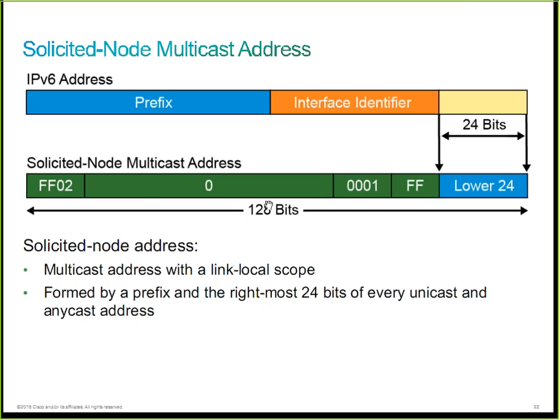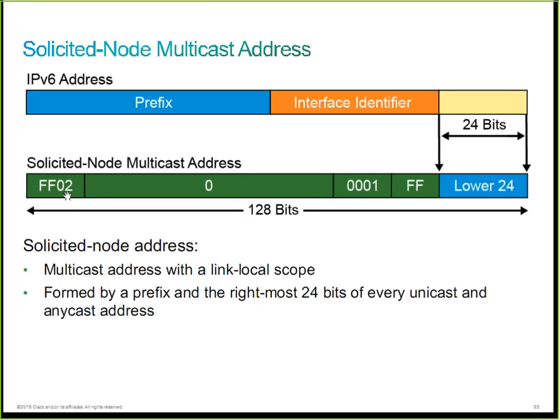Now to do this stateless auto configuration, it has to use some multicast address. When I talk about the multicast address, as we already discussed, the first two hexadecimal digits are FF, the next one is the lifetime, and the fourth digit that you see here is the scope. As you can see here, it is FF02, meaning what? FF is always fixed, the lifetime is 0. 0 means permanent.